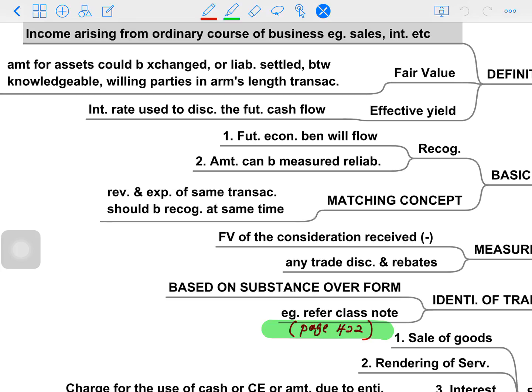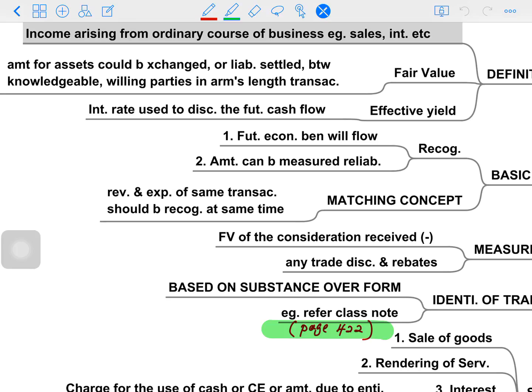So for assets that could be exchanged, in this example the assets are goods or products that you sell. When you sell your product, the fair value would be the amount that you are going to receive from the sale. It is exchanged between two knowledgeable parties, the buyer and the seller.